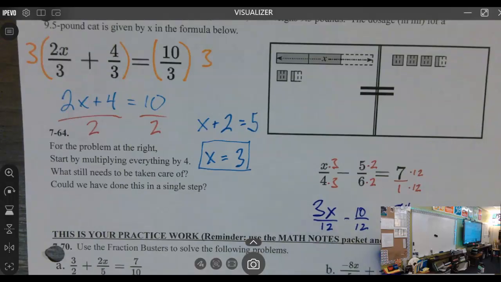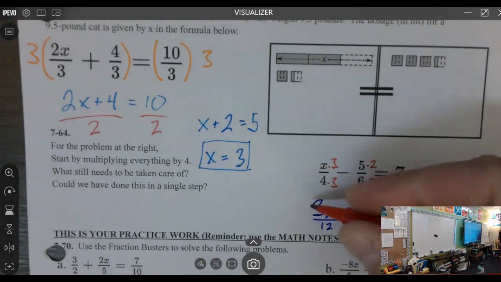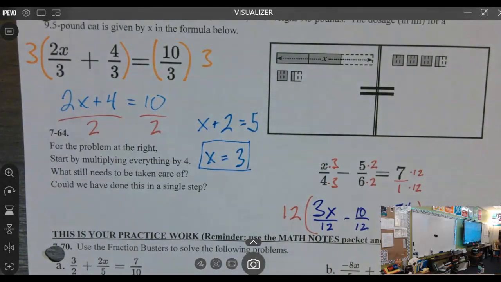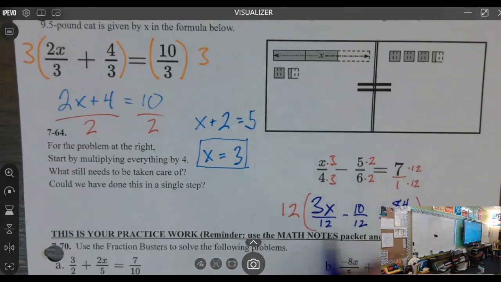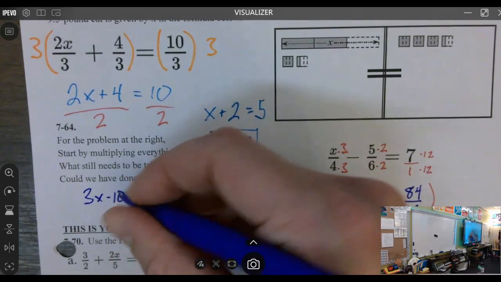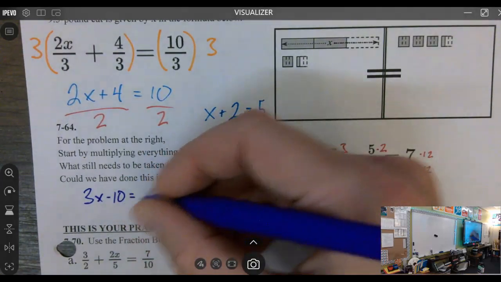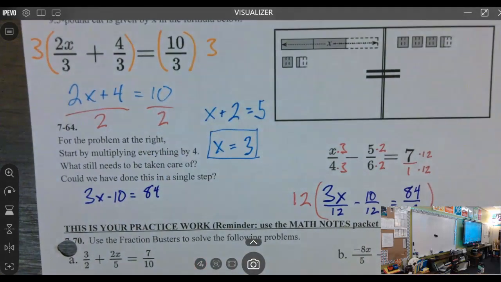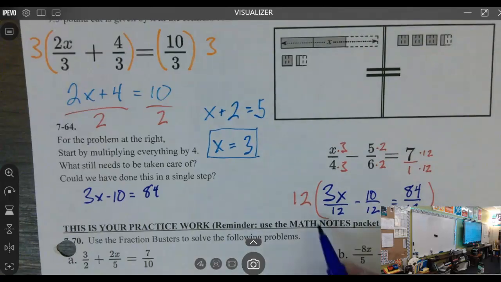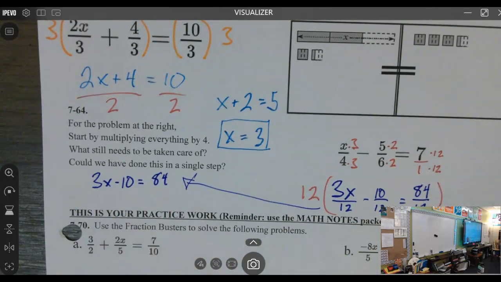Rowan, now that everything's divided by 12, multiply by 12. I didn't leave you enough space, so now my work is going to get all messy. What now, Liam? Sorry, we moved over here. My work is getting kind of weird. What now?